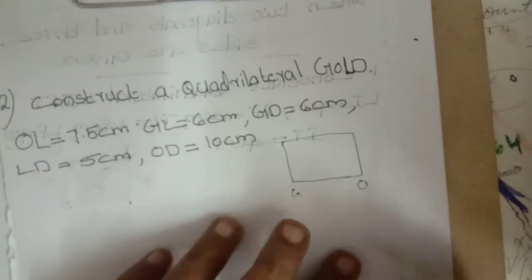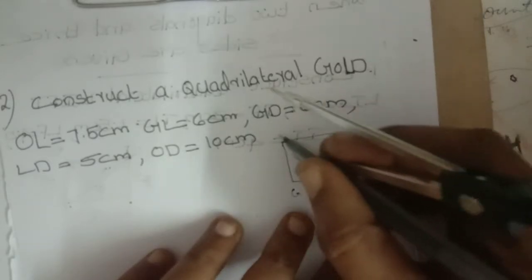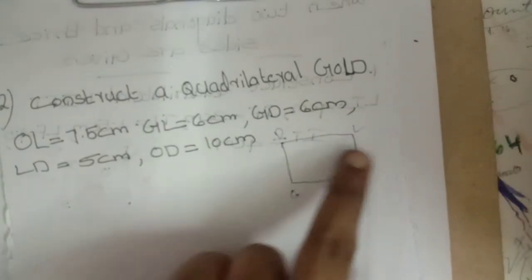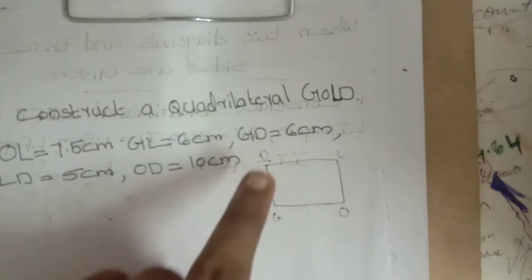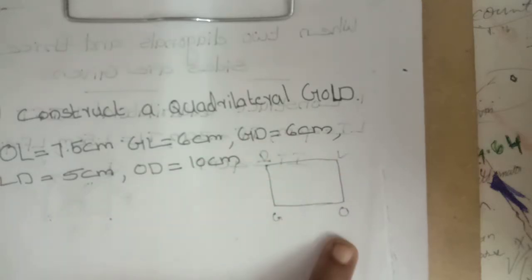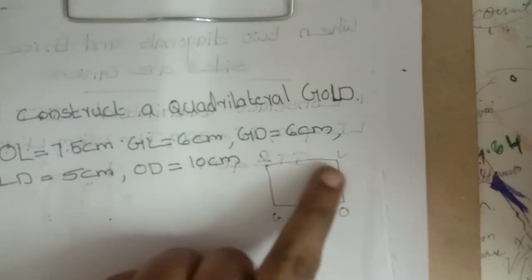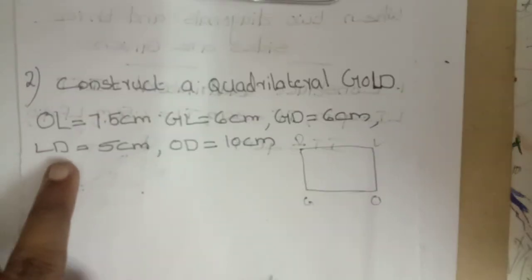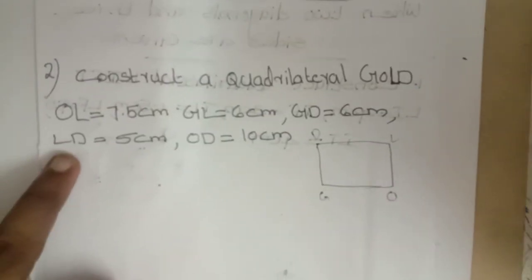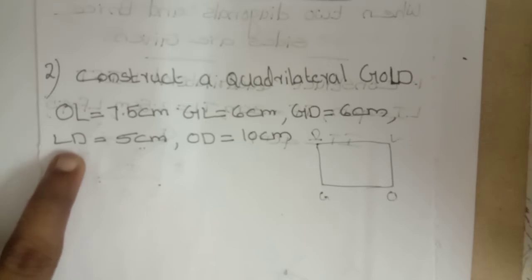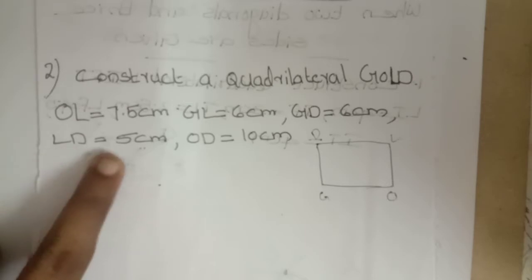Here GOLD is the spelling, each vertex like that. The GO measurement is not there, so take the opposite side of GO, which is DL. Then check whether the DL value is there or not. Yes, the LD or DL value is given as I said.